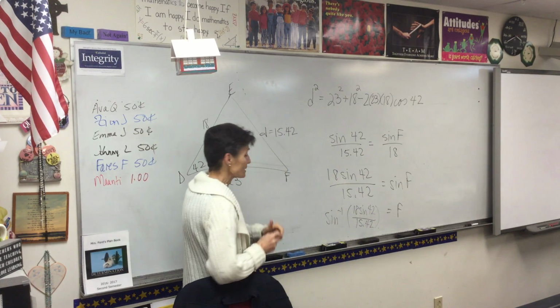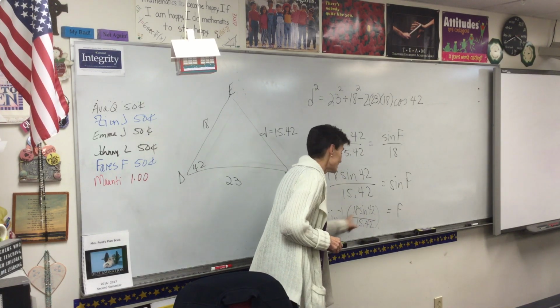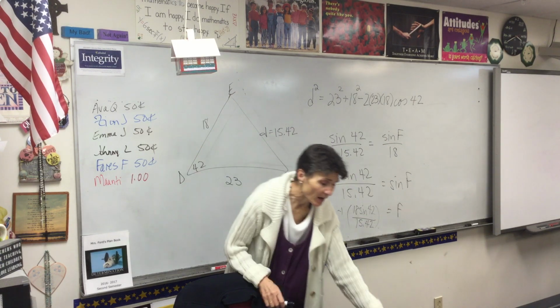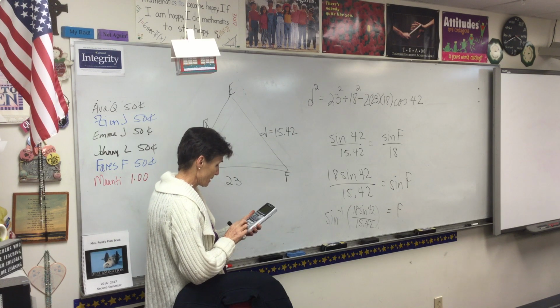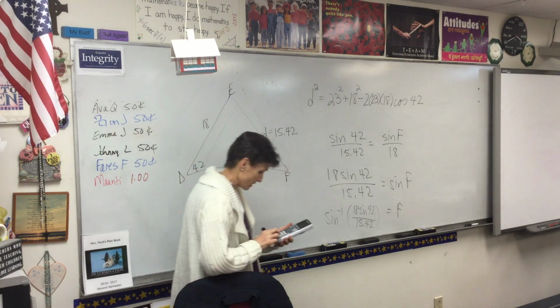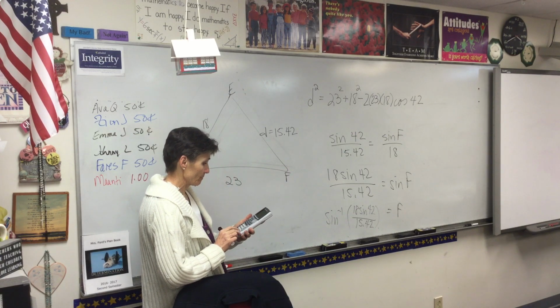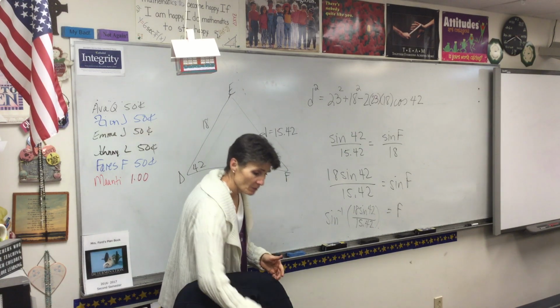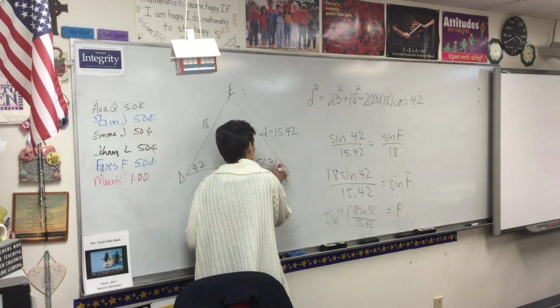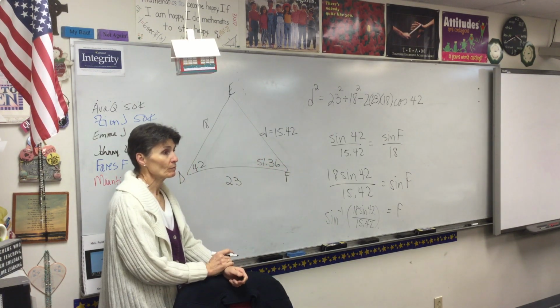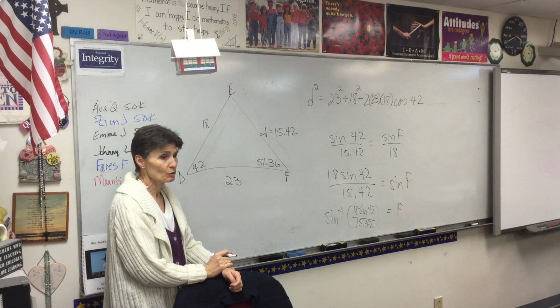And I think it's confusing some of you that you have a sine inside there. That's fine. Type in second sine of 18 sine 42 divided by 15.42. I got 51.36. Did everybody get that? 51.36. Please type it in until you get that.